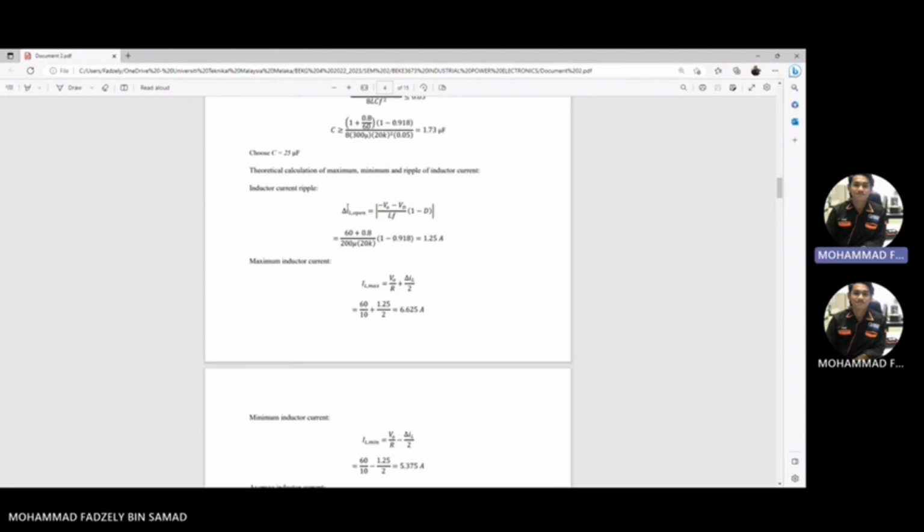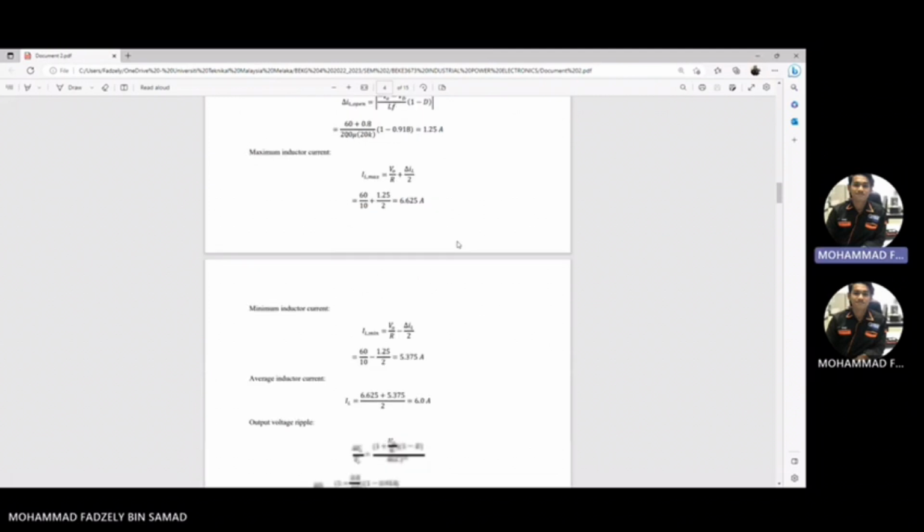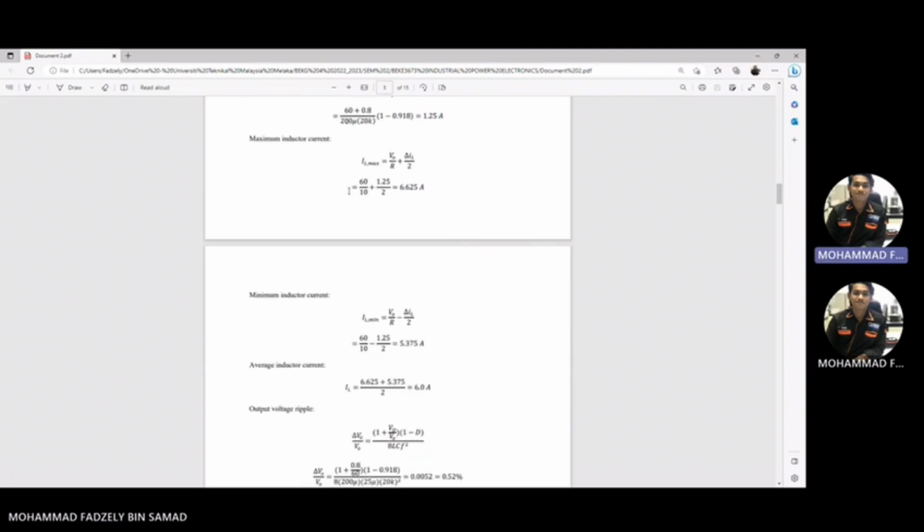Now, we need to get the value of the inductor current ripple, which is 1.25 ampere. After that, calculate the minimum and maximum inductor current: IL maximum is equal to 6.625 ampere and minimum inductor current is equal to 5.375.